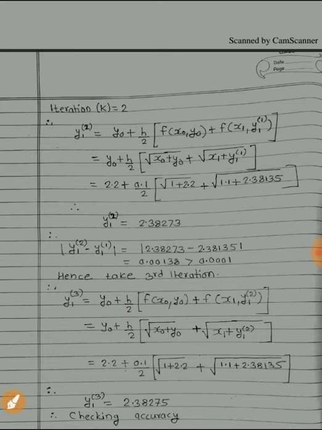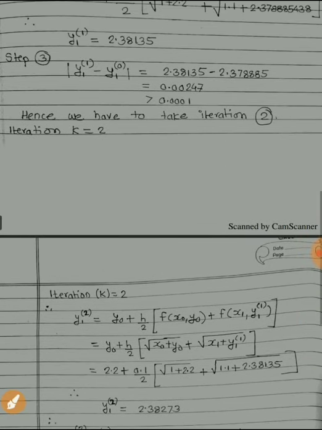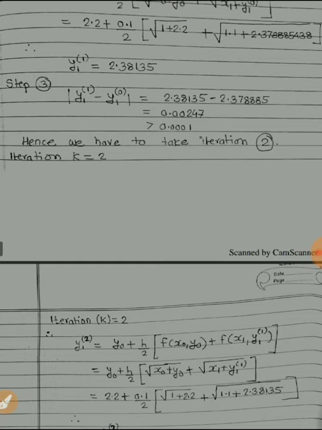So if I put the values in this equation, y0 is 2.2, h is 0.1, x0 is 1, y0 is 2.2, x1 is 1.1, y1 of 1 is 2.38135. From where did I get this value? I calculated that in the previous iteration, where it was y1 of 1.